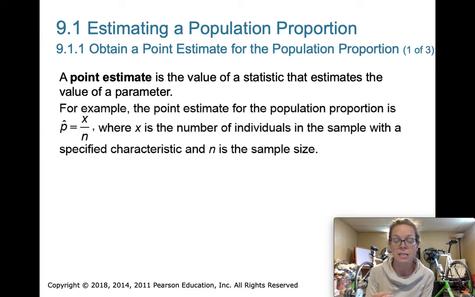And X is the number of individuals that have the characteristic. So we can then estimate what we call our p hat, which is the proportion in the sample that has a certain characteristic. Now, if we have sampled well, ideally that would be close to the actual proportion for the whole population, but probably not perfect.